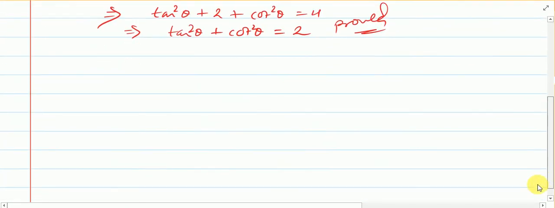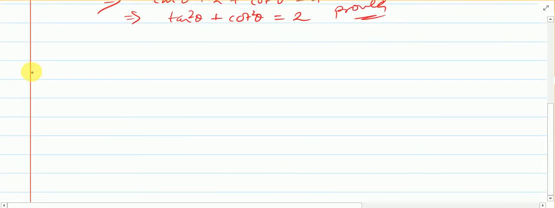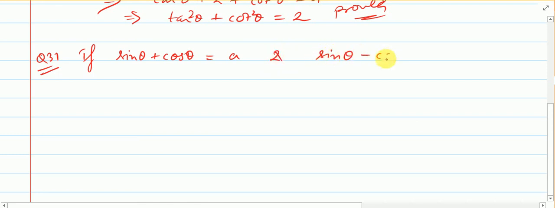Now next is your question number 31. It says, if sin theta plus cos theta is equal to A and sin theta minus cos theta is equal to B, prove that A square plus B square is 2.